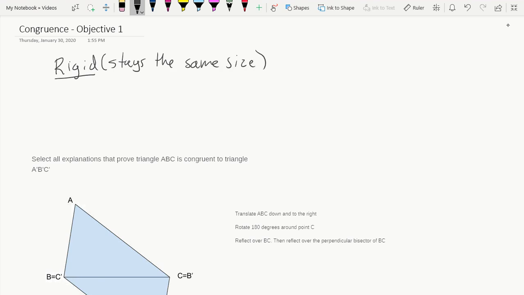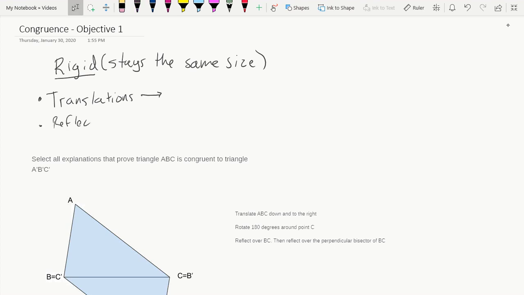So the rigid transformations are the ones we've done a ton of work with already. Translations, which is just a slide.